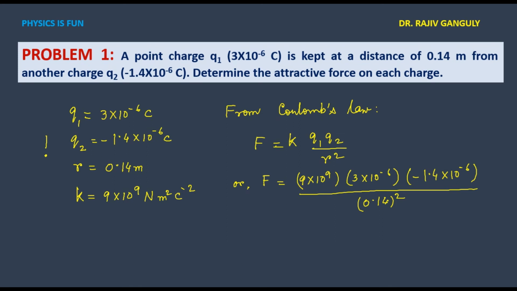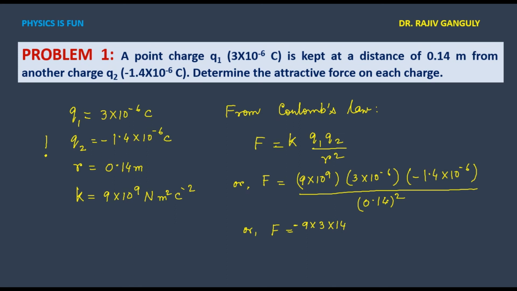Like if I do just one step, just to show you, F will be, we can simply write 9 into 3, if we take the minus sign here, into 14, because we'll adjust one power there.